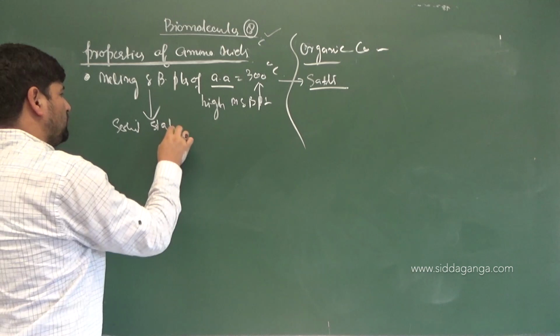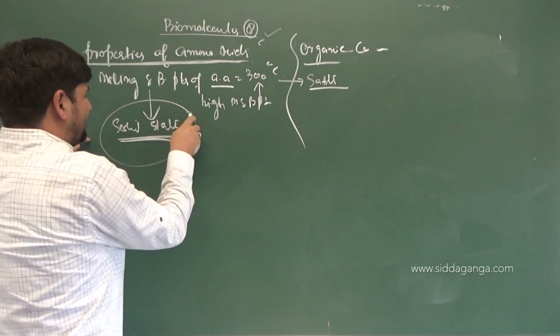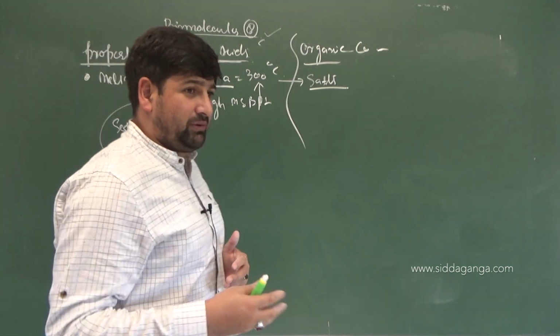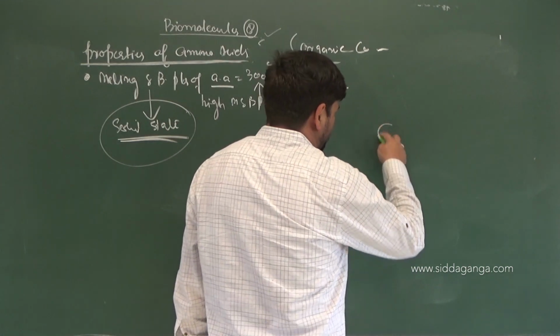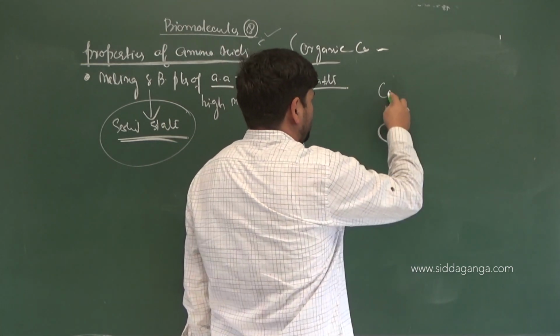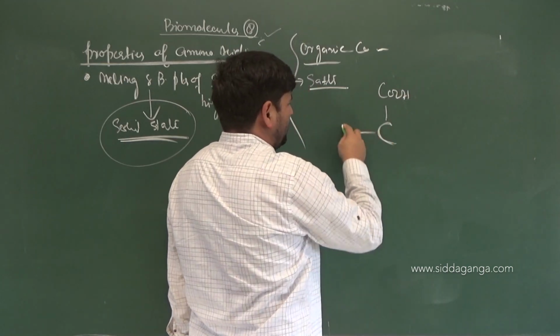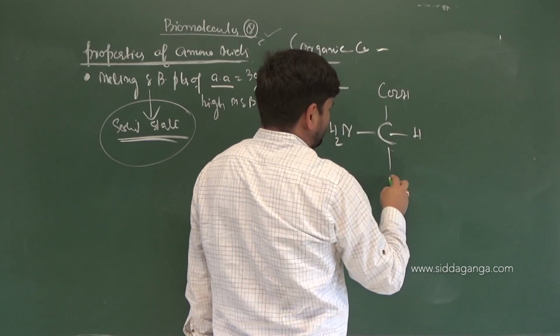When you look at these in the solid state, you will easily understand that the intermolecular forces existing between amino acids are quite strong. When you look at the basic structure of an amino acid, we see a carboxylic group and an amine group, then hydrogen, and then a side chain which can vary.